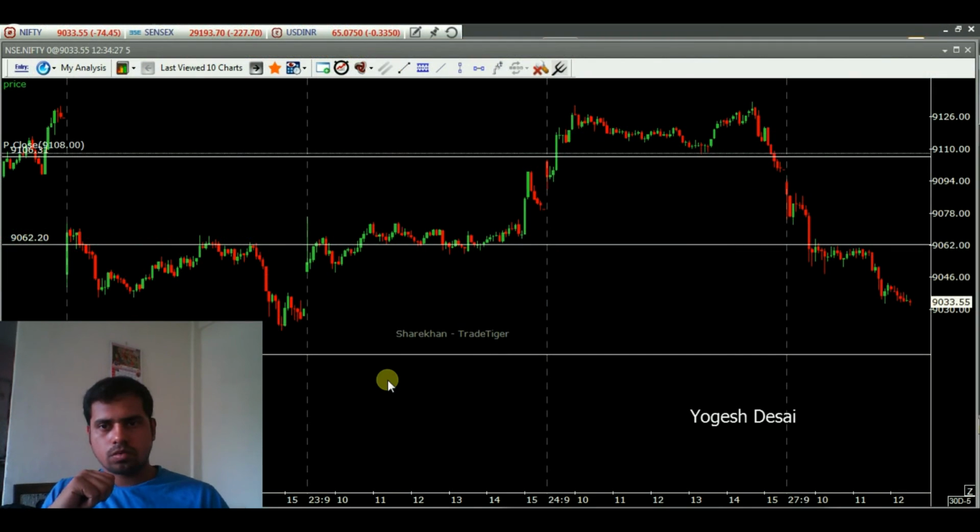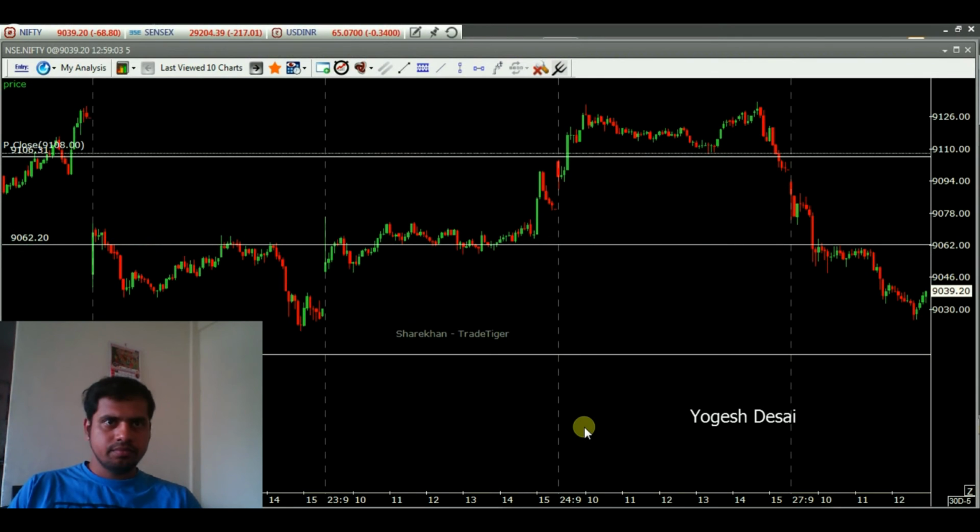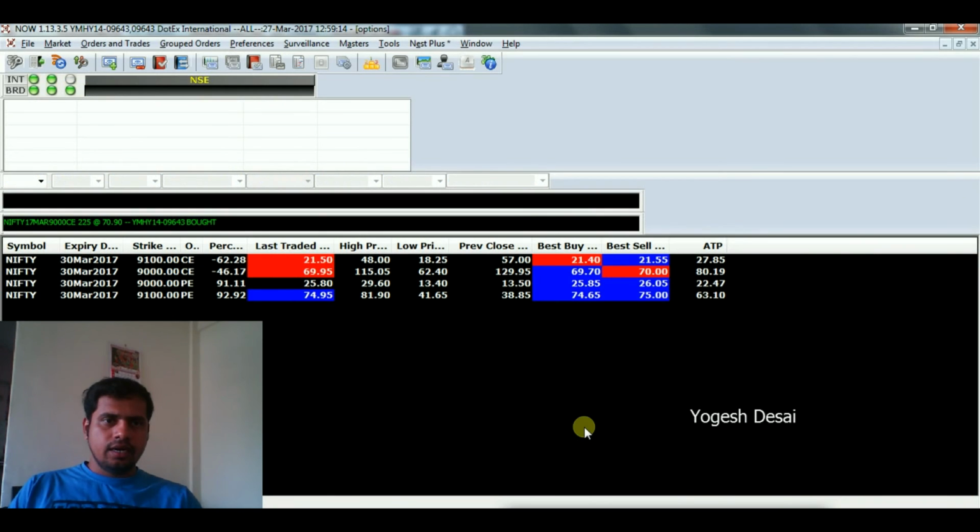Now it's 12:59 or 1 p.m. and you can see Nifty is about to reverse its trend from down to up, and now my call option is at 69 rupees 70 paisa. It was at 66, 67 rupees a few minutes back. तो अभी ये ऊपर जा रहा है.